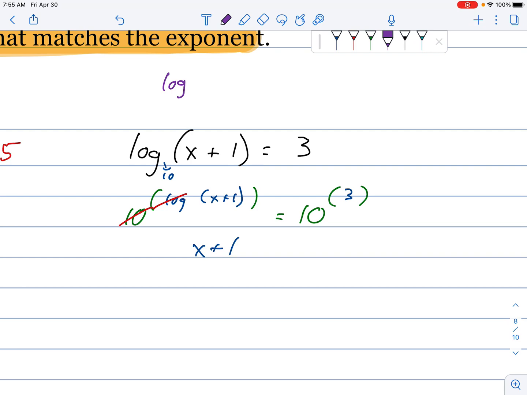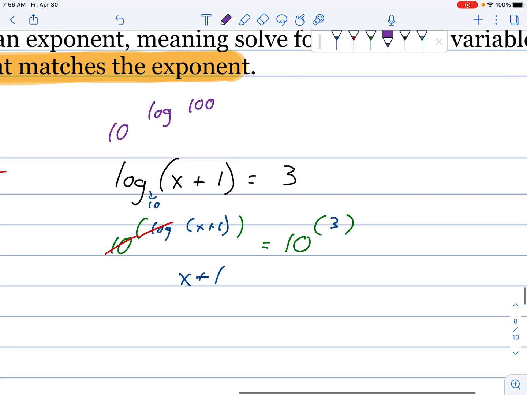Just like if I were to say 10 to log of 100, a little review as we saw up there. We don't see a number here, so that's a 10. 10 to what power gives me 100? That's 2. So I could technically replace this whole thing with a 2, and I get my 100.